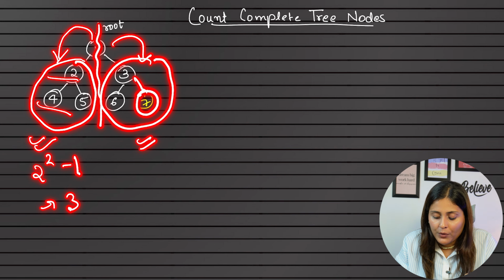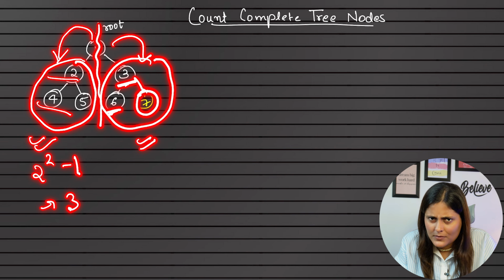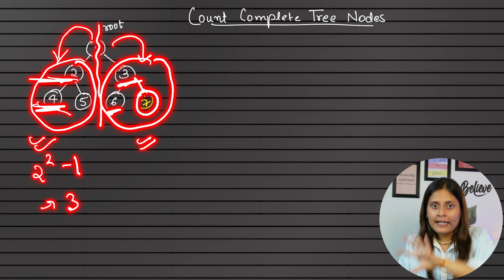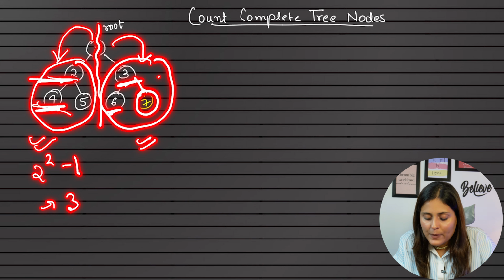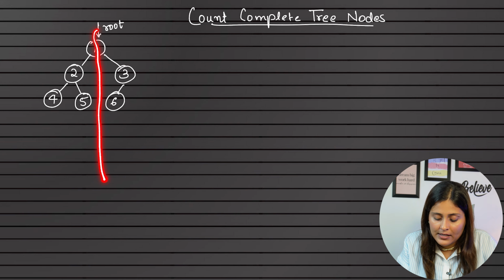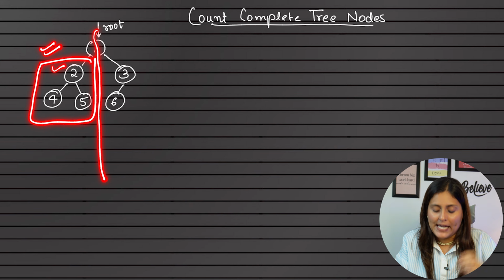Similarly, this side, what will we get? Height is 2. We have to calculate the height as per the left nodes in the left subroot and as per the right nodes in the right subroot. So in this case, as 7 was not there, when we divide this, it is waiting for the number of nodes from the left side.